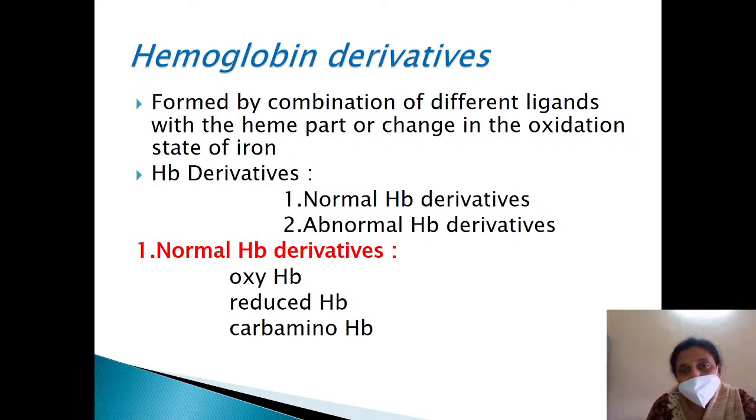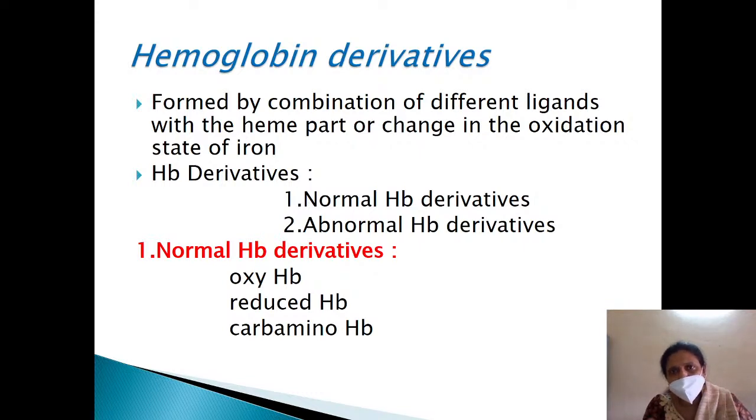These derivatives have been formed by changing the oxidative state of the iron, or by the addition of different ligands to the heme part. I repeat, hemoglobin derivatives have been formed by combination of different ligands with the heme part.